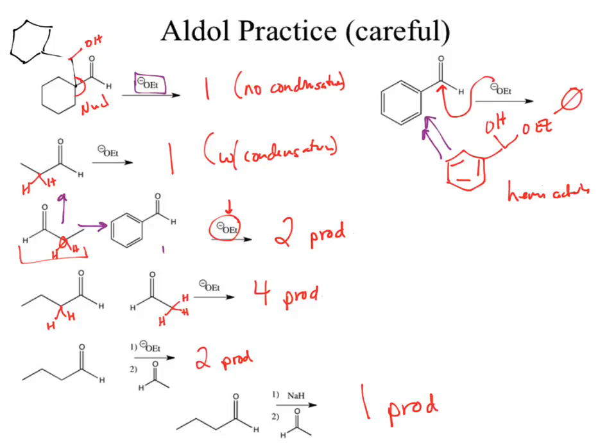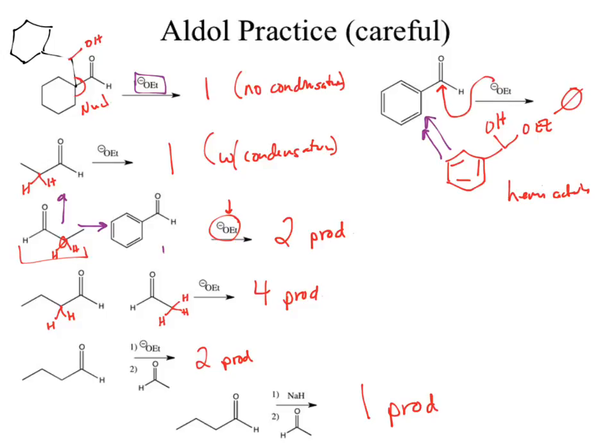Both of them are valid nucleophiles, which then means which one's my electrophile? Both of them are valid electrophiles, which then means I get every single possible combination, which gets me 4 possible products. And that is the nightmare of drawing that we made Sean do. So that sucks. We don't want to do that.